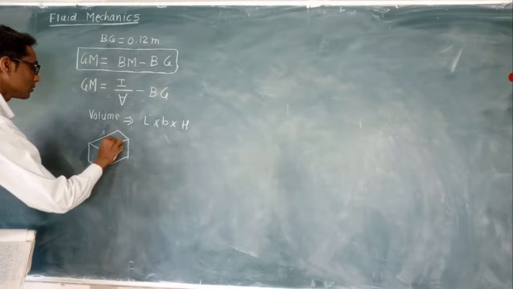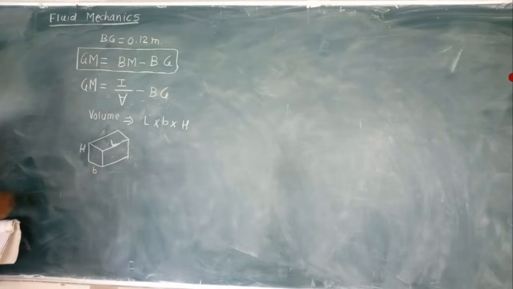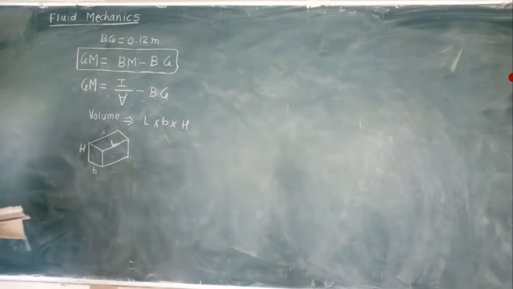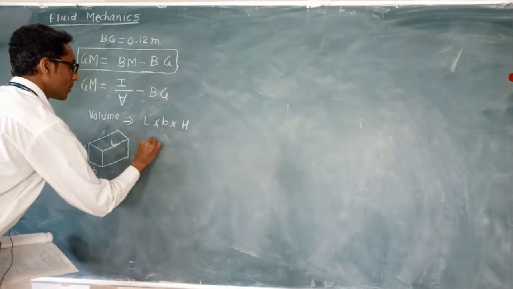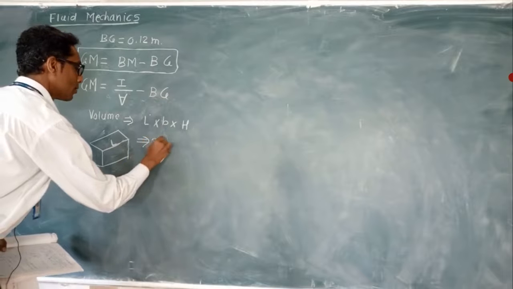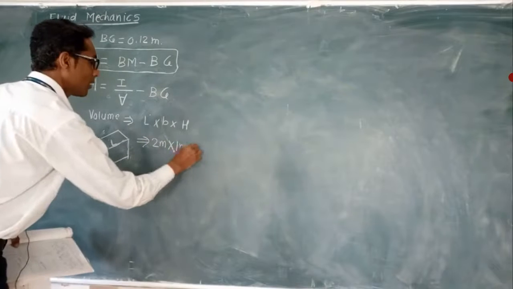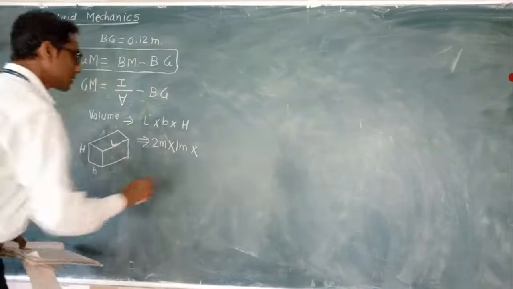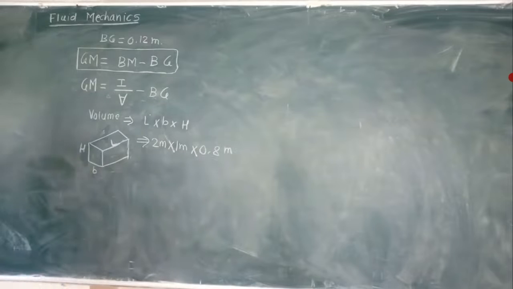This is the length, this is the breadth, and this is the height. Here the length is given as 2 meter, the breadth is 1 meter, and the height is 0.8 meter. So what volume comes?